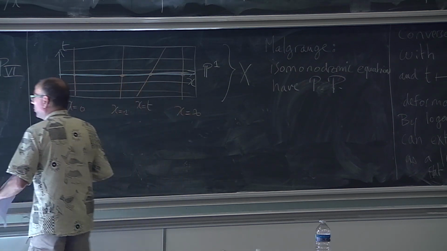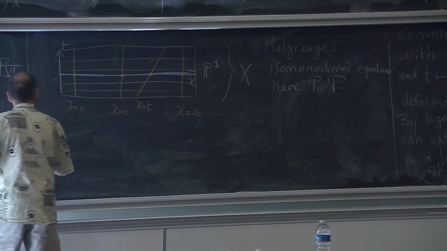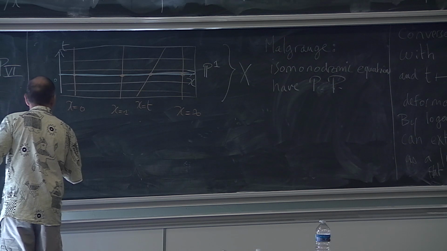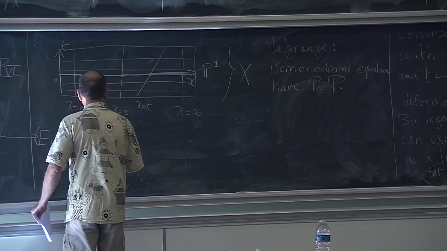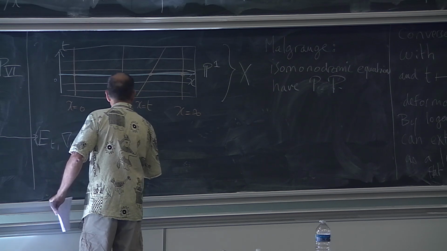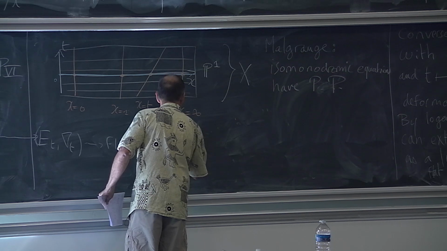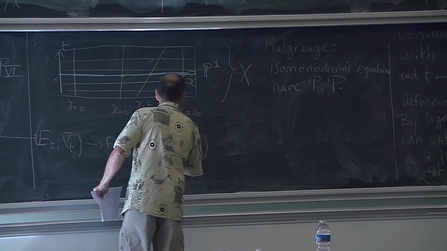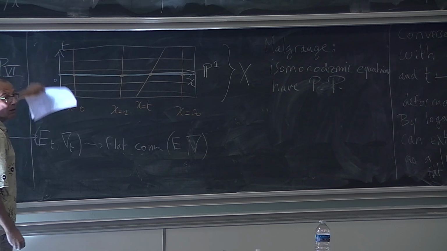You know, Q of t gives you an isomonodromic deformation, E_t nabla_t, which gives you a flat connection, E nabla. We did it locally. We can do it globally.